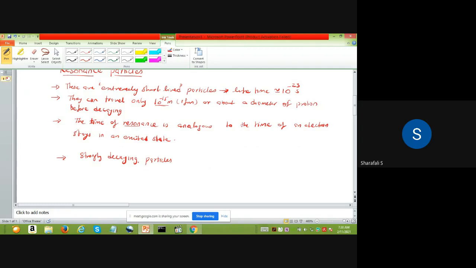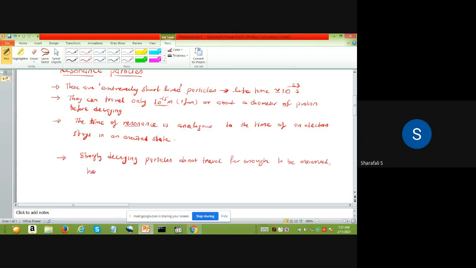Those strongly decaying particles do not travel enough distance. So strongly decaying particles do not travel far enough to be observed.